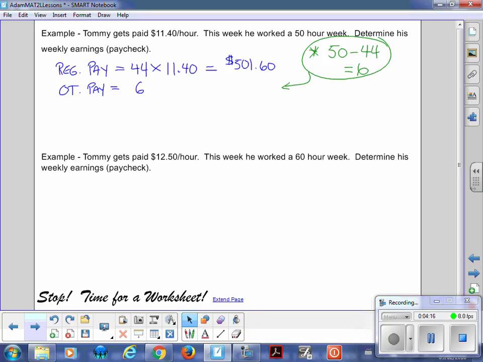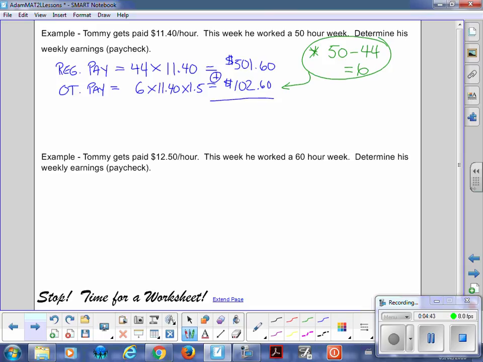I have to take total hours worked and take 44 off, because you only get overtime for anything over 44, times 11.4 times 1.5. Working 6 hours of overtime, he will make an additional $102.60.